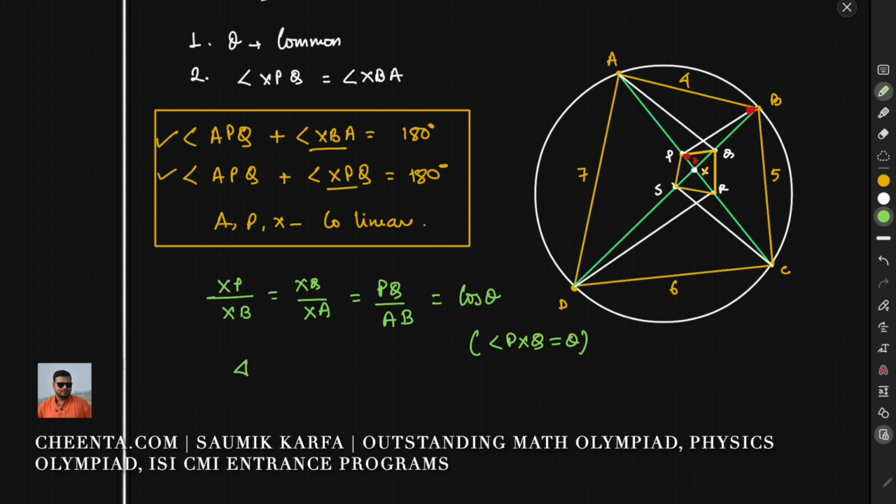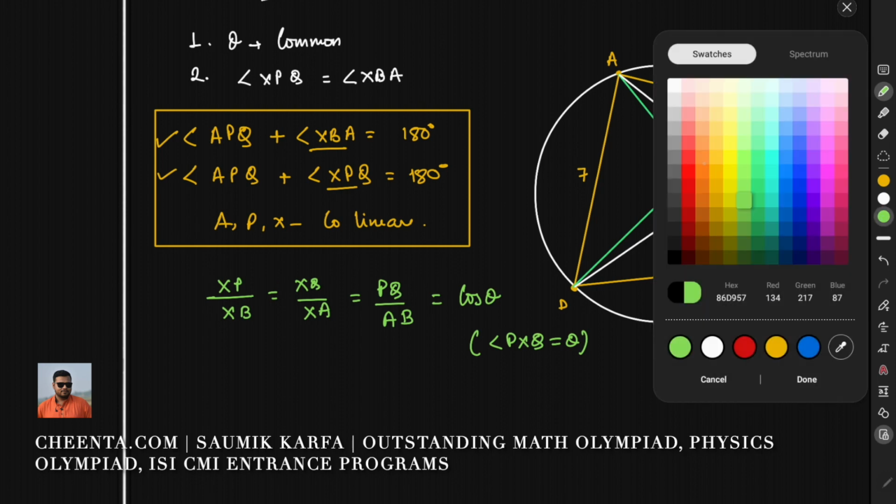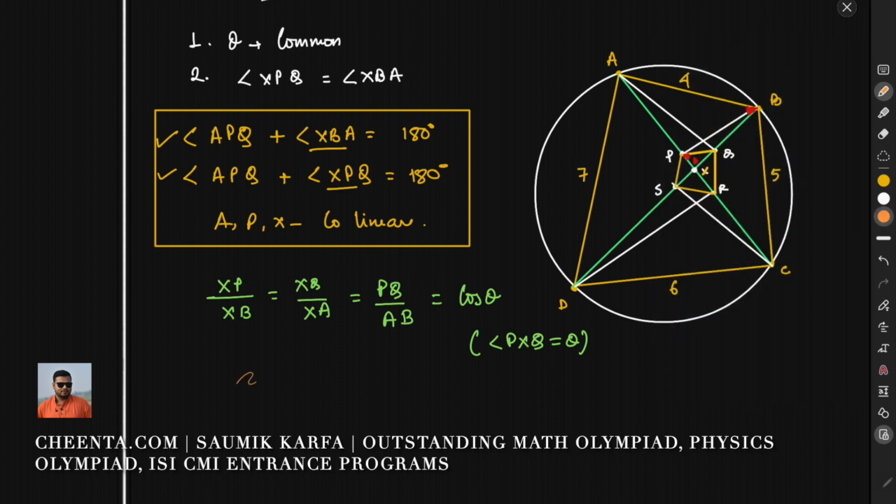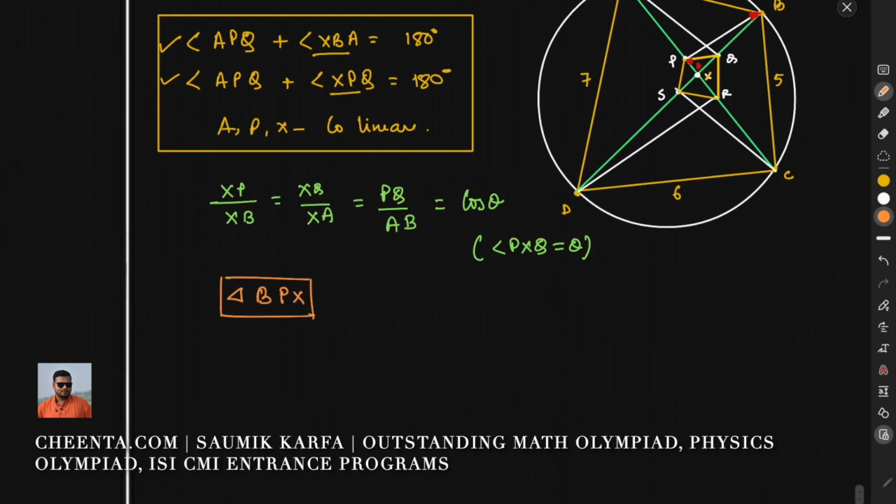Notice this triangle. Okay, let me change the color here. Notice the triangle BPX. In this triangle, we can easily see that it is a right-angle triangle, and cosine of theta is base over hypotenuse, where the hypotenuse is the side BX and the base is the side XP.